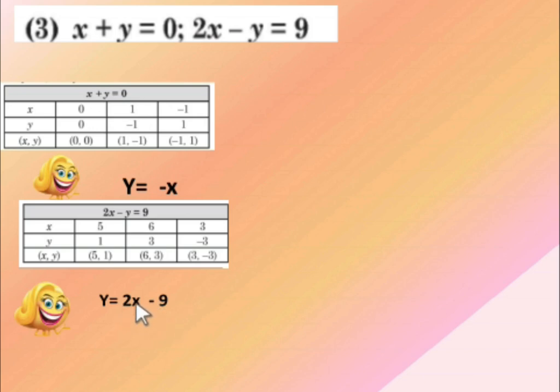Here he has substituted 5. He is substituting 6. You will start wondering why he is doing all this. He can put anything. You just go ahead with the same values: 0, 1, minus 1. If I put 0, directly minus 9. Y is equal to minus 9.